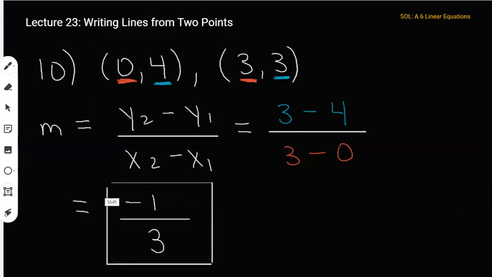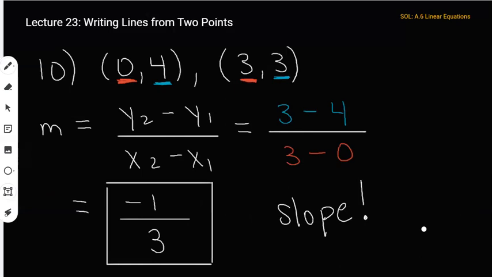It's going to be a negative fraction. So when I do the slope, the y values come first. And I usually start off with the second one, so 3 minus 4, 3 minus 0. That's the way I do it. Okay, so I know my slope is going to be negative 1/3.